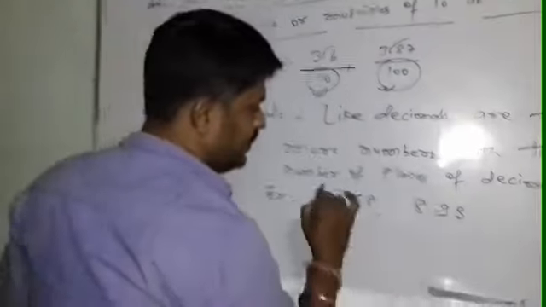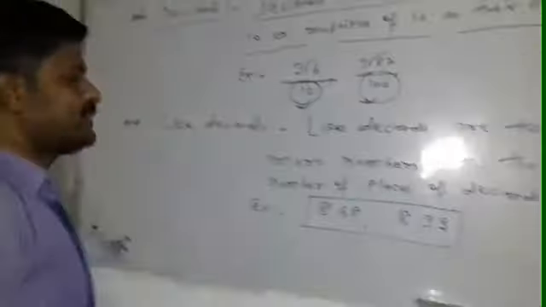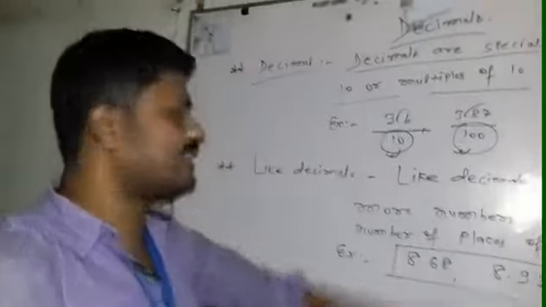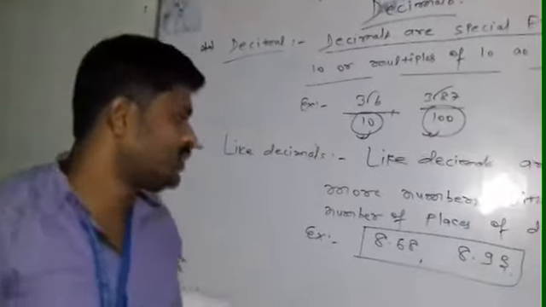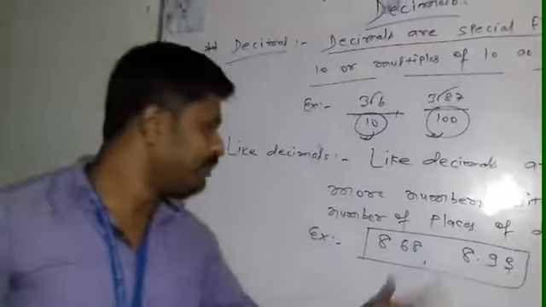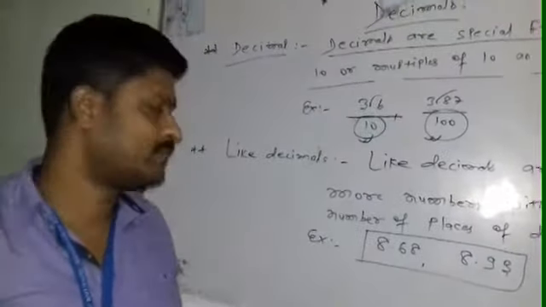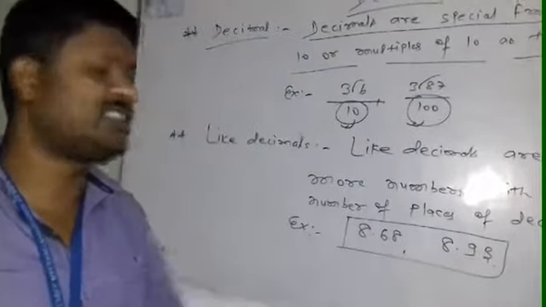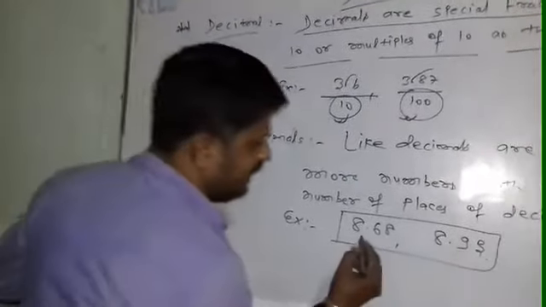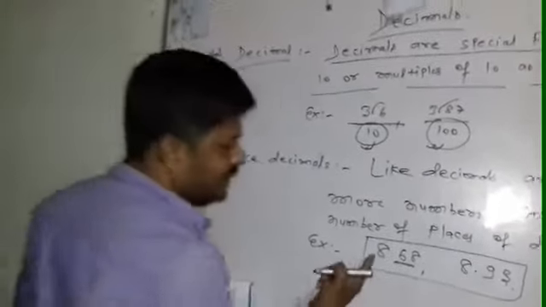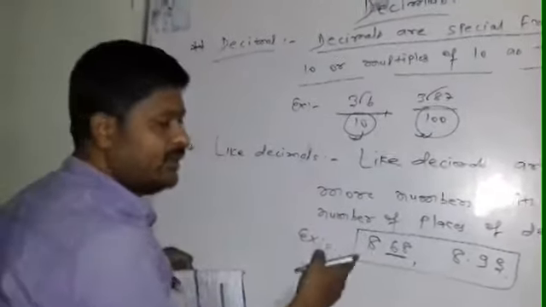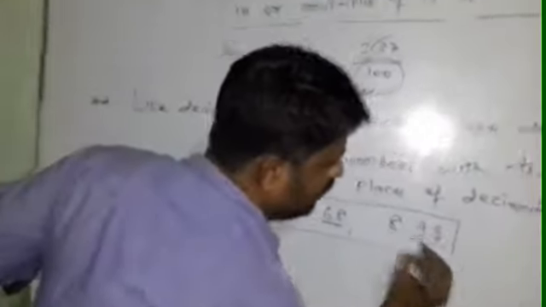For understanding like decimals, we have a minimum of two numbers, and they are compared with each other. Here there are two digits after the decimal, and here also two digits after the decimal.